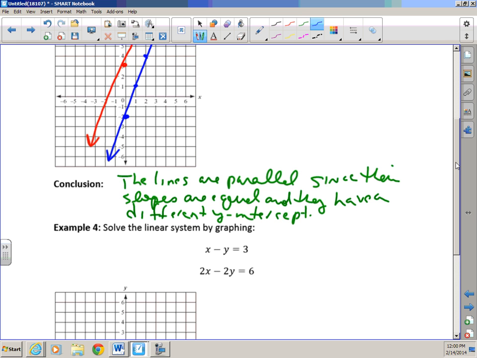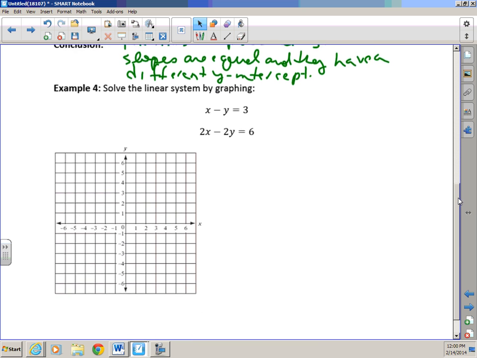So what do we say for this? No solution. Parallel lines will never intersect. Okay? All right? So that's a next special case.